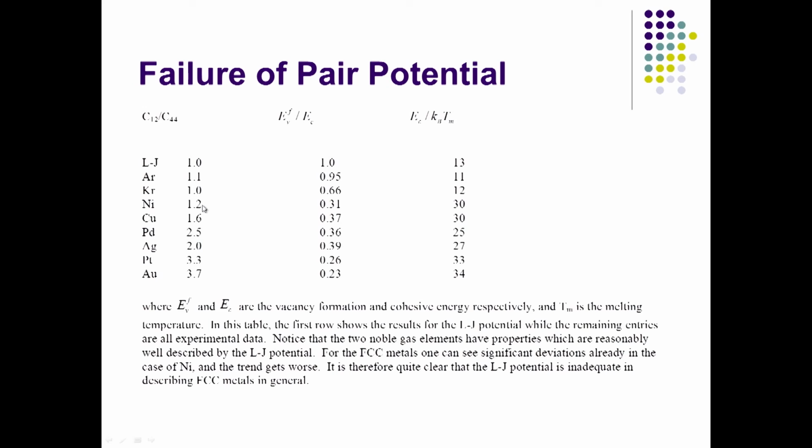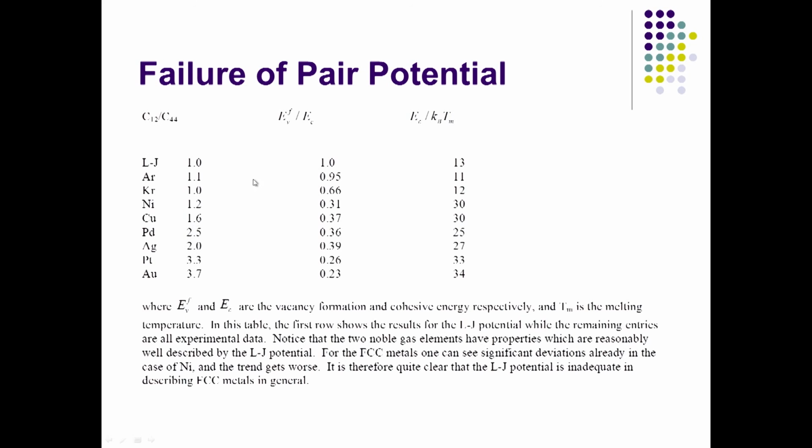However, as you move to, let us say, even nickel, which is a different substance. So, you see even in krypton there is 1.0, and the experimental ratio becomes 0.66. We are also looking at the melting temperature in this case as well, but just focus on C 1 2 to C 4 4.